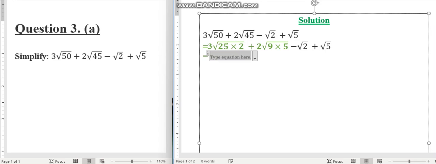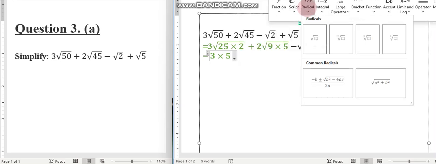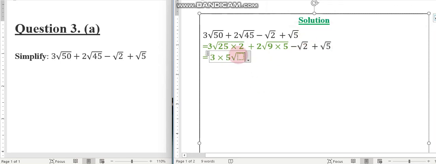Then the root 2 is not a perfect square, so it will still be root 2.